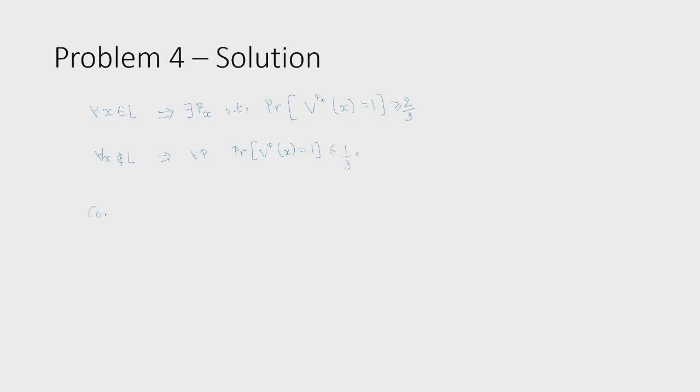Now consider a prover P such that for all x in {0,1}*, the interaction of the verifier and this prover on input x is the same as the interaction of the verifier and prover Px on x if x is in L, and arbitrary otherwise.